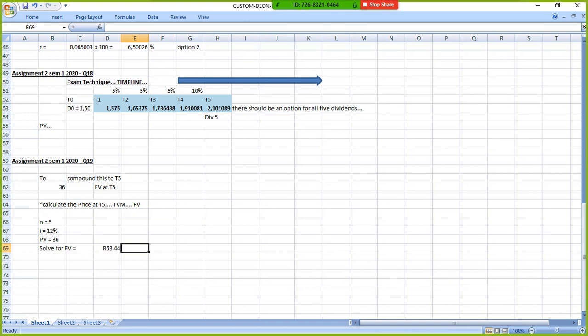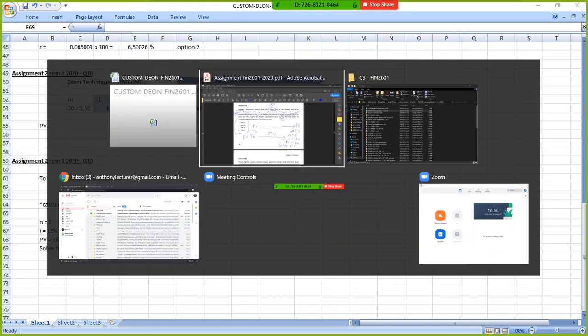Compound interest. I also get 63.44. Then there's a problem with the question. 5 years from now, 12%, PV 36, solve for future value. 63.44 is definitely correct. There's a problem with this question, which you can raise with them.